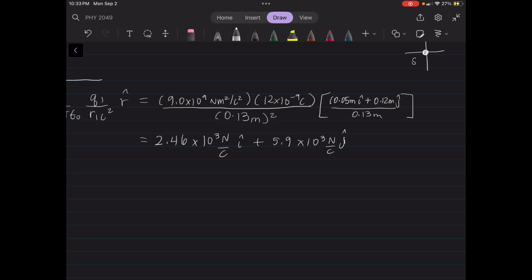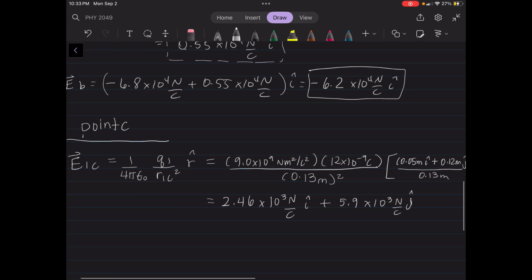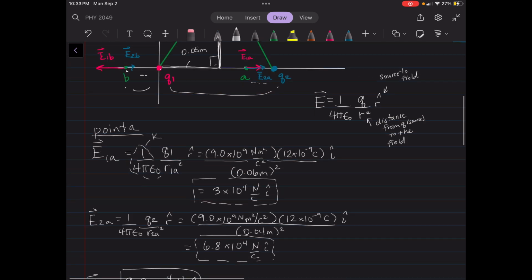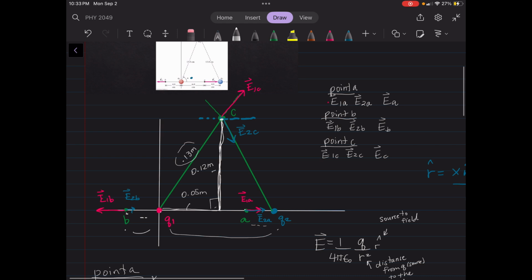So does that make sense? Pointing to the right and up for E1C, pointing to the right and up. Positive X, positive Y. Exactly right.